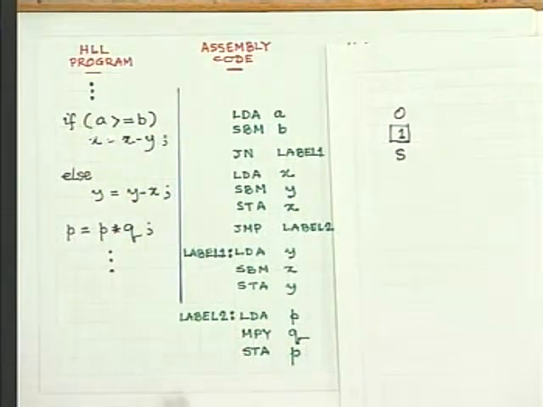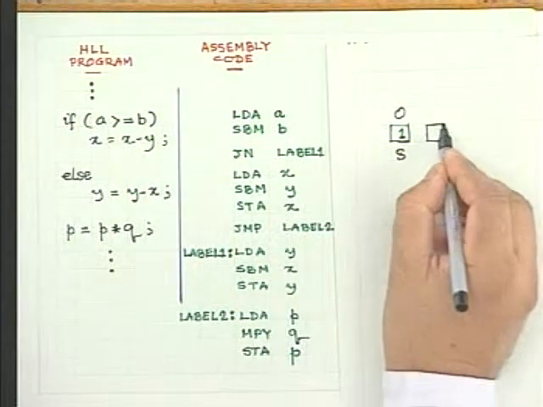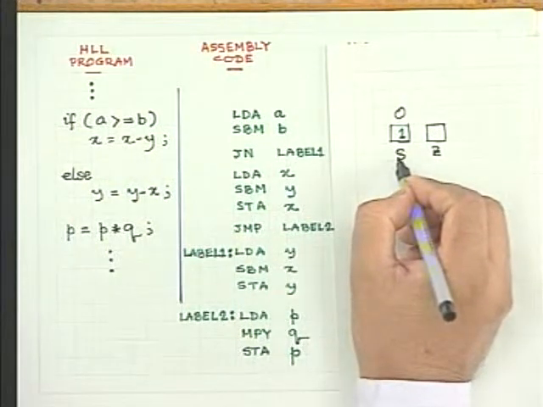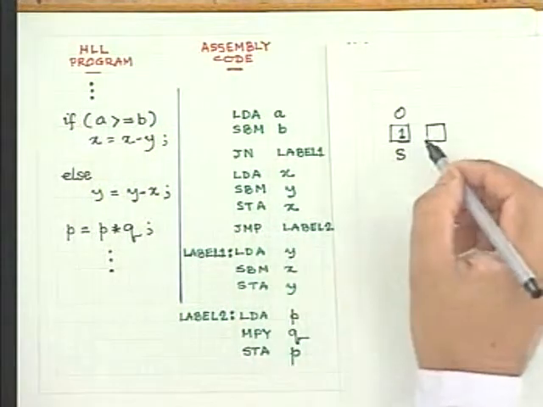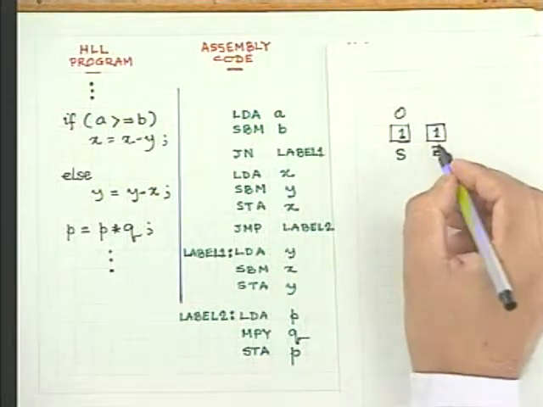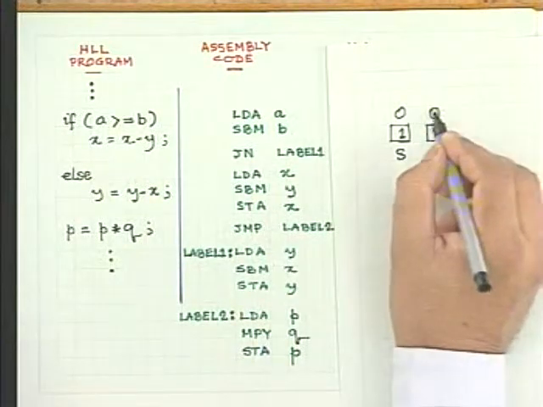Okay. Therefore, you can think of it as if there are two flags. One is a 0 flag, and there is a sign flag. If the 0 flag is 1, that means the result is 0. If the 0 flag is 0, then the result is non-zero.